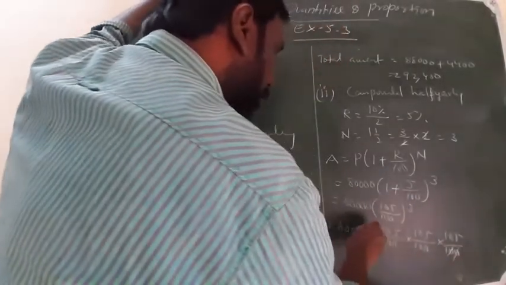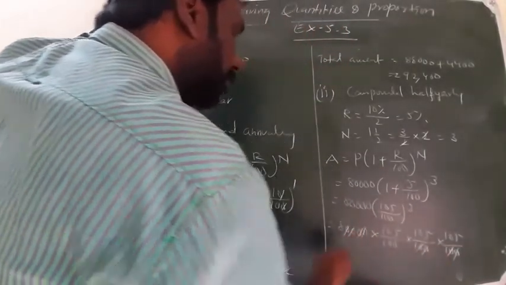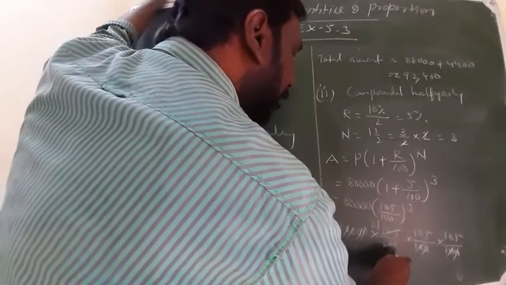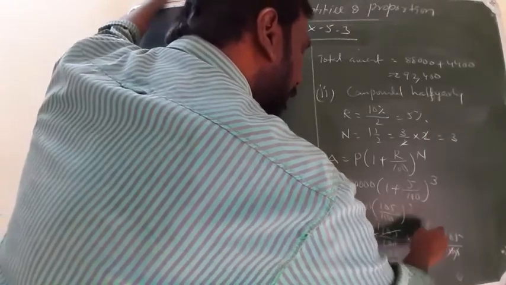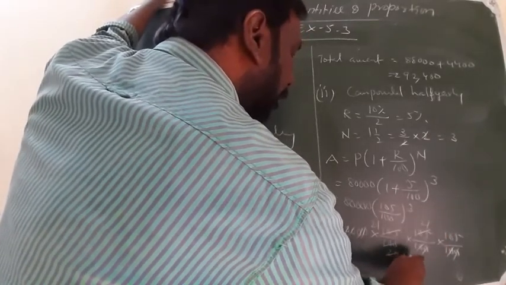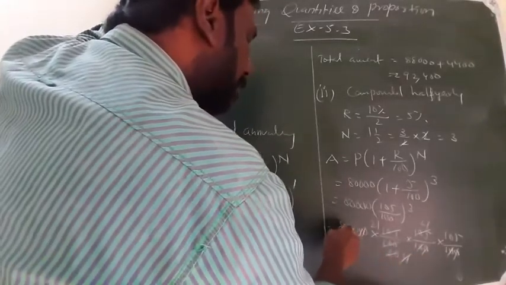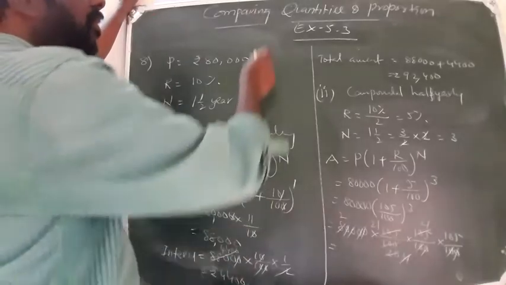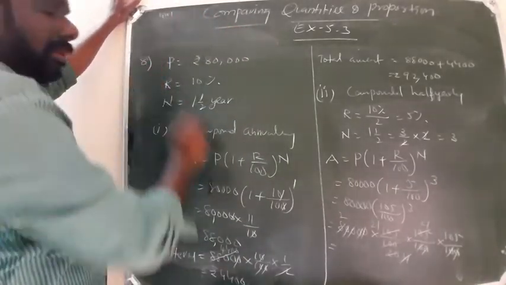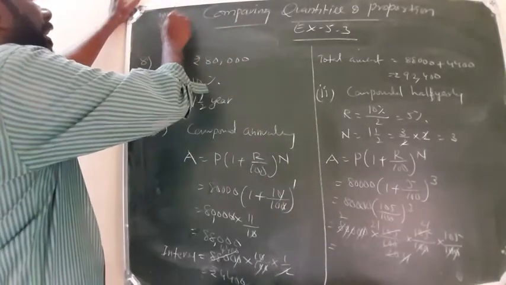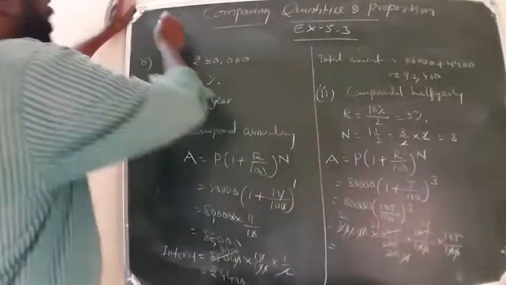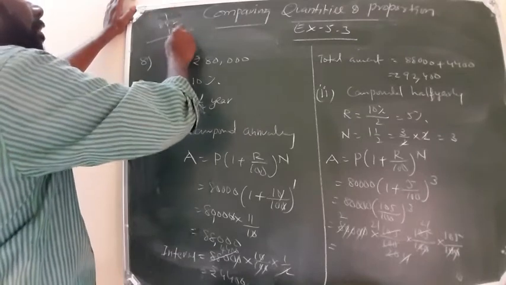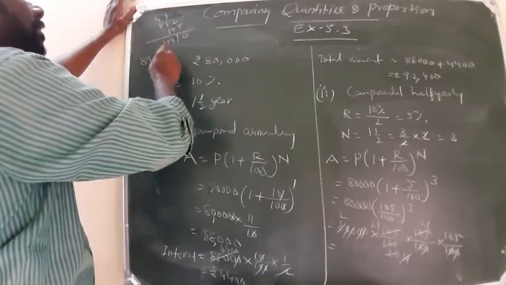Two zeros, two zeros cancel. 5 table, 5 21s are 105, 5 20s are 100. Again 5 table, 5 21s, 5 4s. Again this 4, 2 times. Now you can multiply. 21 21s are 441, into 2 is 882, with 105.